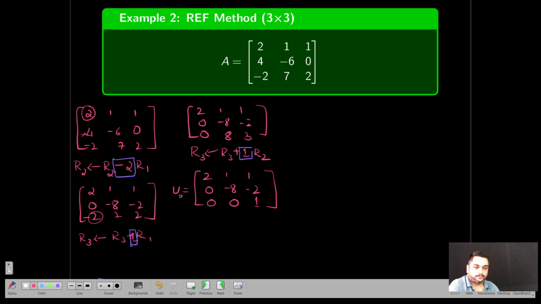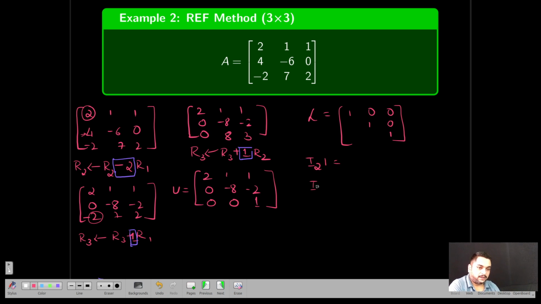This is my U. Now how will you find your L? L is a 3 cross 3 matrix. So make all diagonals 1 and then the rest of the entries 0 in the upper triangular part. Now you have to find these elements. So what is that multiplier? This is second row, first column: I21 is equal to what?